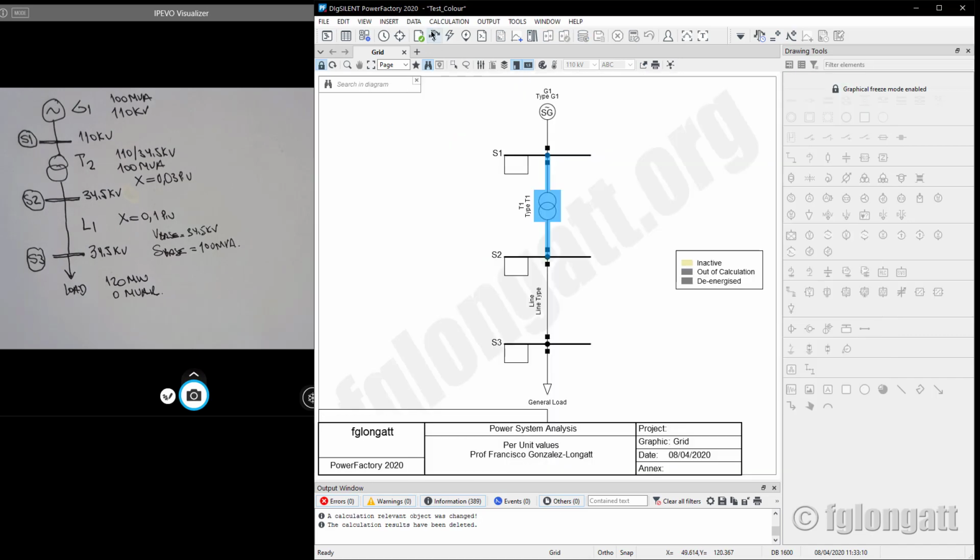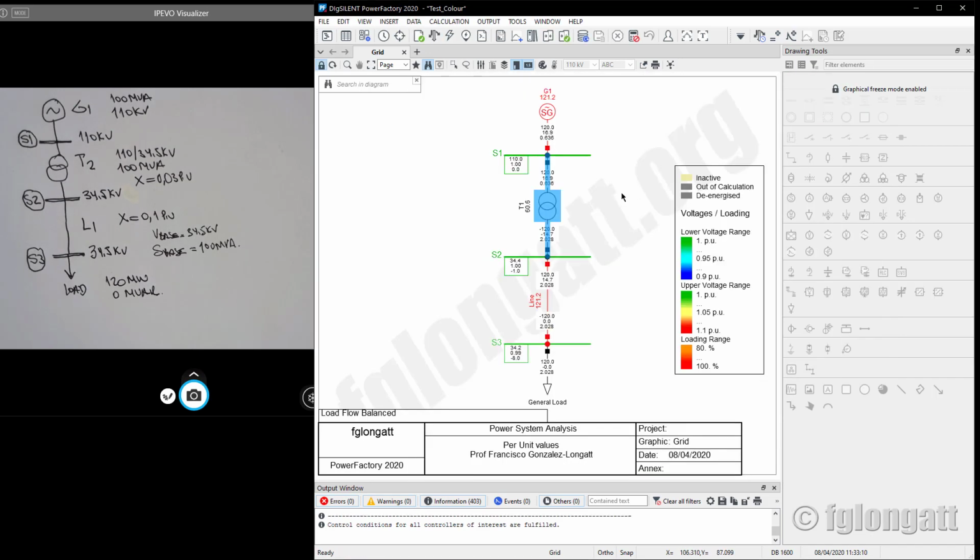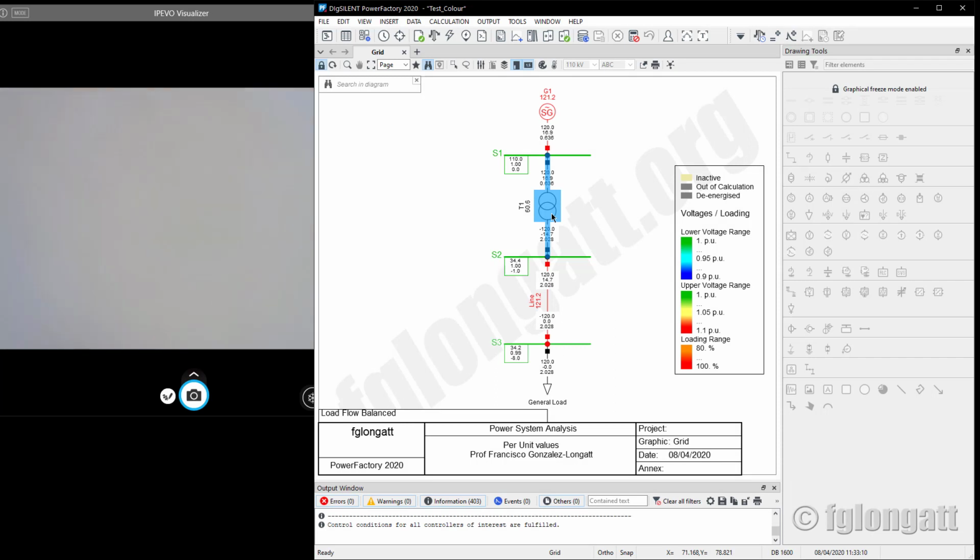If you are using a 200 MVA transformer, yes, the color changes. However, there is a very important problem that you didn't realize because the numbers are so small. What is the problem that you are creating?